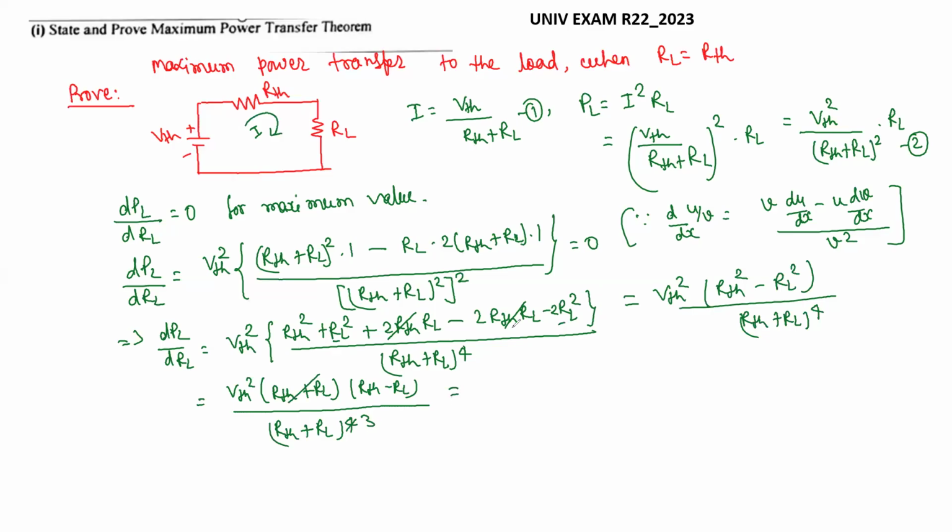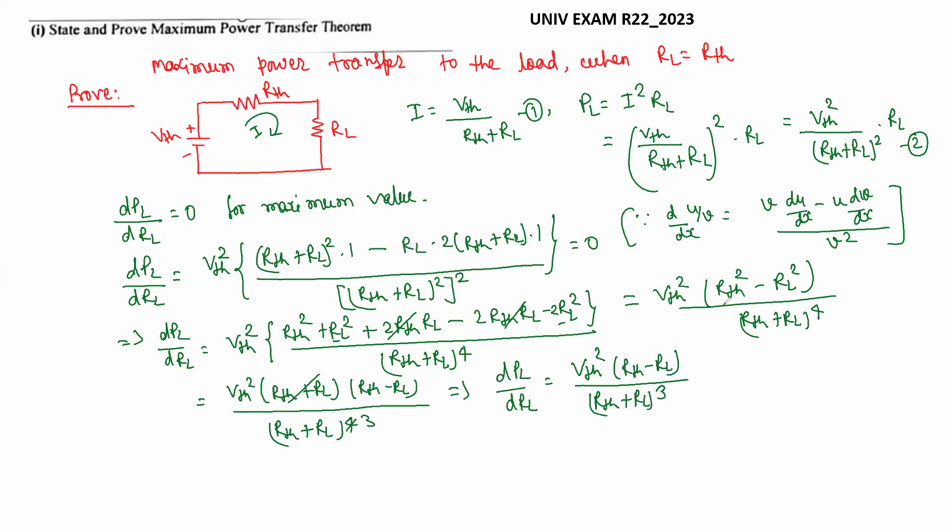So finally, we'll have the expression dPL by dRL equal to BTH square into (RTH - RL) divided by (RTH + RL) to the power 3.